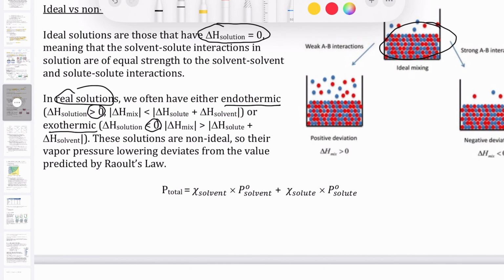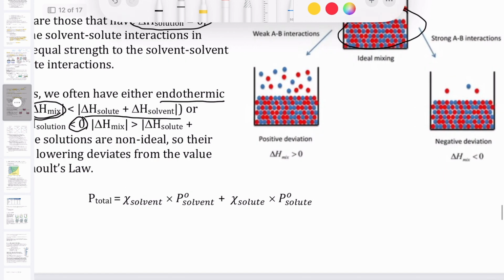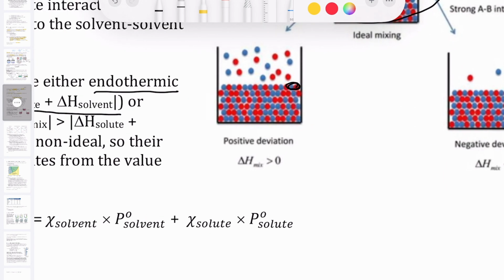As a reminder, an endothermic solution will be one where the mixing term, the delta H of mix, is actually weaker compared to the delta H of solute and solvent. In other words, when you mix the two things together, the interaction between the solute and the solvent is weaker than you observe when the two things are separate. Because they're weaker, they don't really want to interact with each other. The solute would want to interact with the solute, the solvent would want to interact with the solvent, but the solute and the solvent don't want to interact with each other.